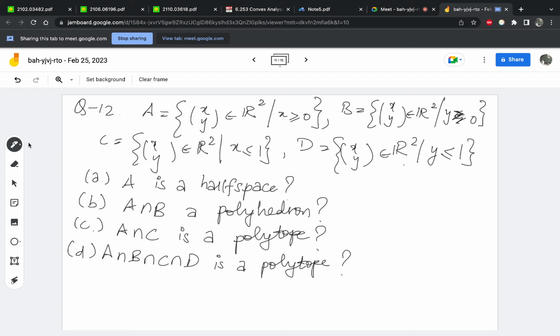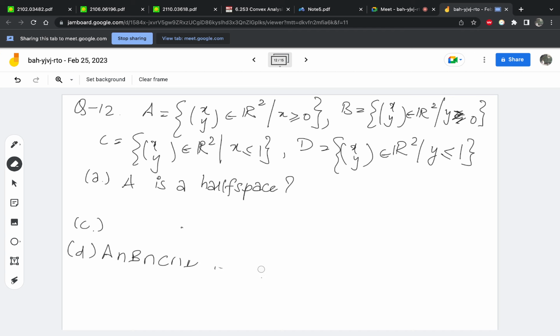So we are given these, again we are in R2, right? So we'll just go through these questions one by one. The first case is the set A where the first component is non-negative.